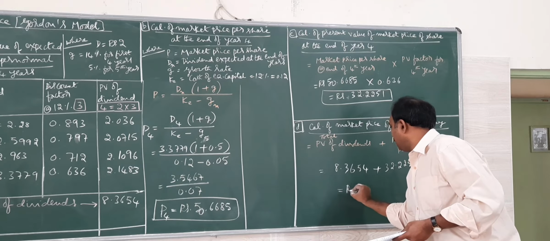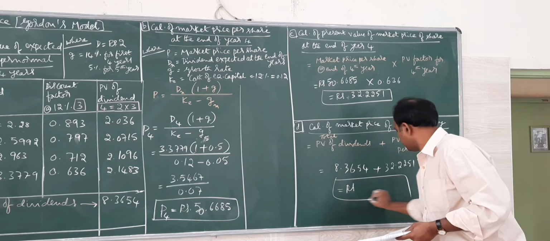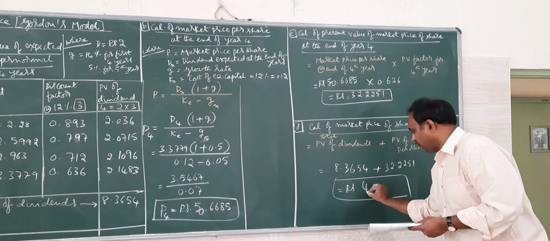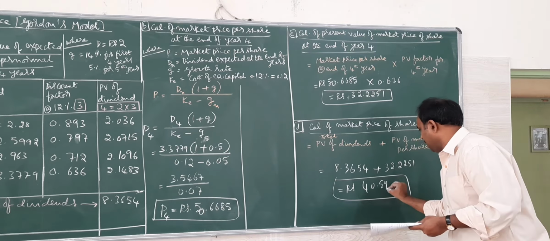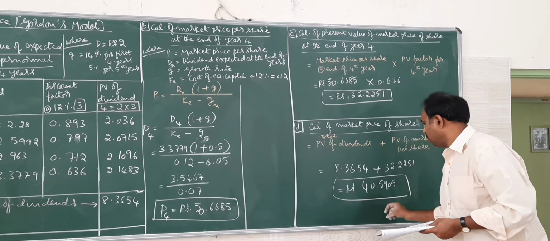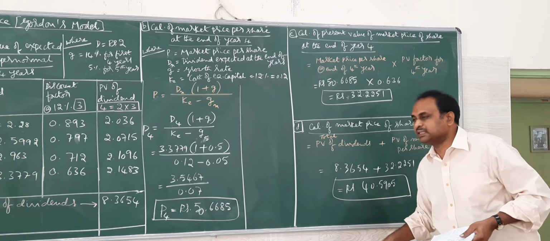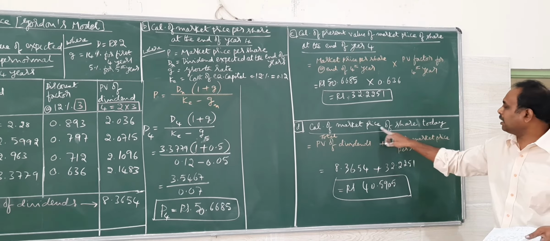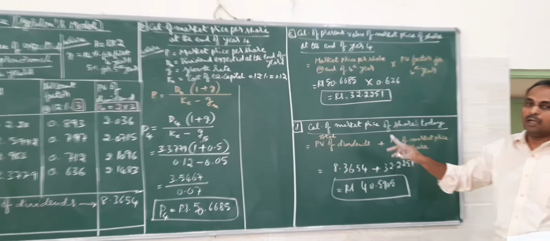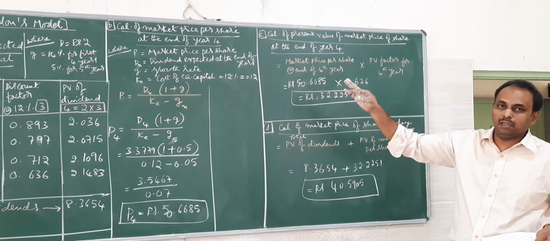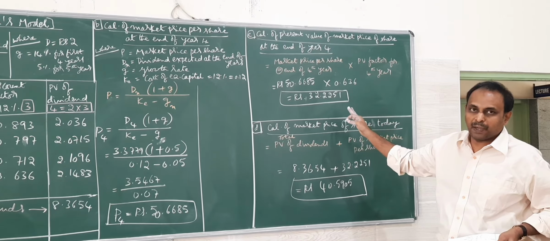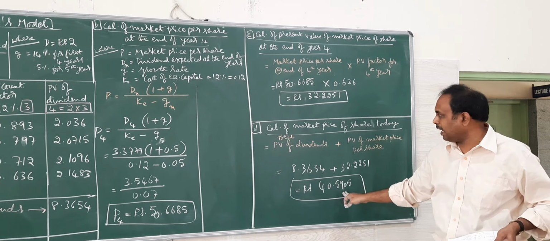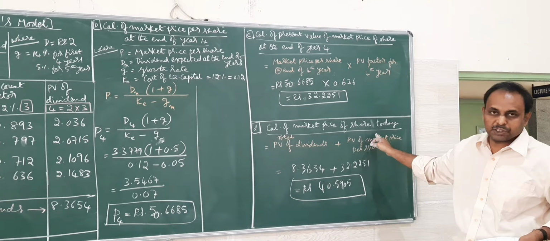If I add both, I am going to get 40 rupees 59 paisa, approximately 40 rupees 60 paisa, which will be the market price per share today, including the dividend growth as well as the market price per share. Together if I add, I will get the market price per share today.